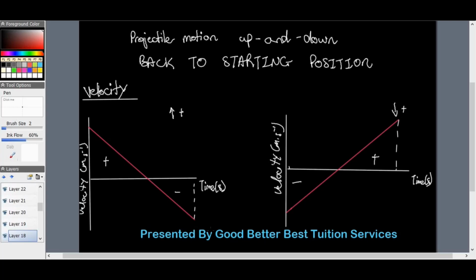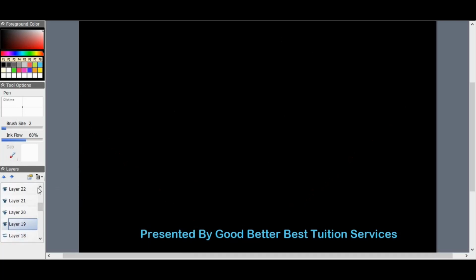Okay. The next graph I'm going to show you, which is the final graph, then we'll see that this probably won't be the case, because our velocity time graphs will be different. Okay, so the next graph I want to show you is the graph of still a projectile motion.